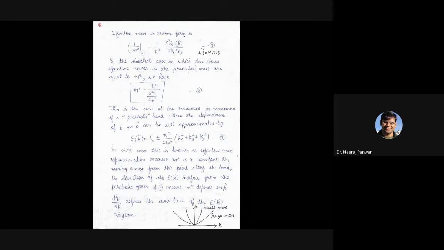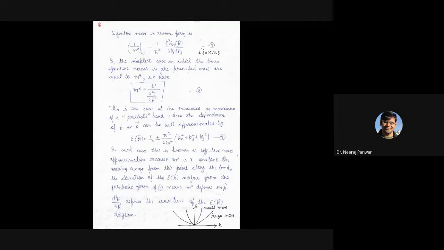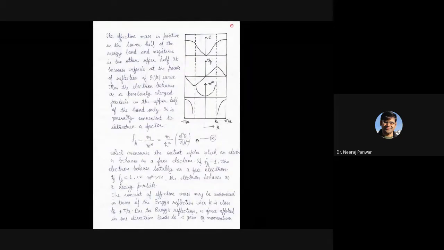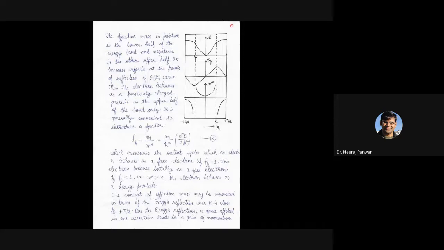If we don't consider the tensor, then the EK diagram can be represented in terms of the effective mass as E k is equal to E naught plus minus h cross square divided by 2 m star times kx square plus ky square plus kz square. So this is how we can plot the effective mass, velocity and energy of an electron as a function of k wave vector.